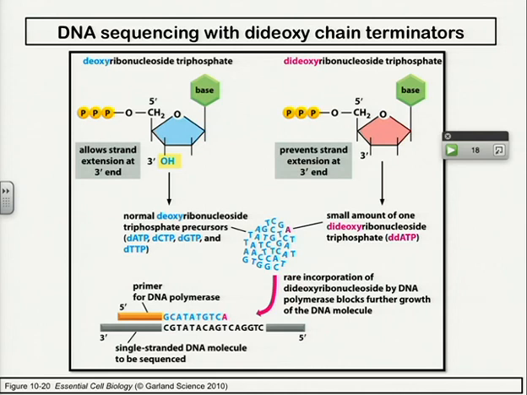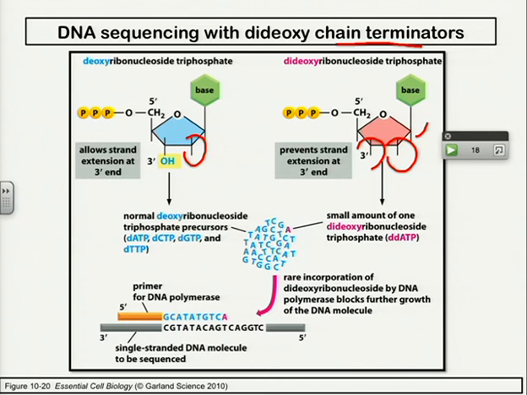So if deoxynucleotides are missing the 3' hydroxyl as well as the 2' hydroxyl, they're called dideoxy, di for 2. So deoxys are just missing the hydroxyl on carbon 2. Dideoxy are missing the hydroxyl on 2 and 3. So if you incorporate one of these into a DNA molecule, that terminates the synthesis, because there's no 3' hydroxyl. That's why they're called chain terminators.